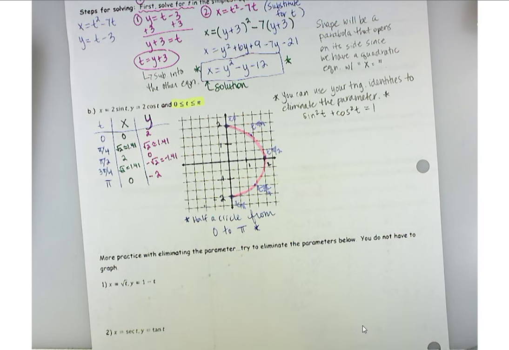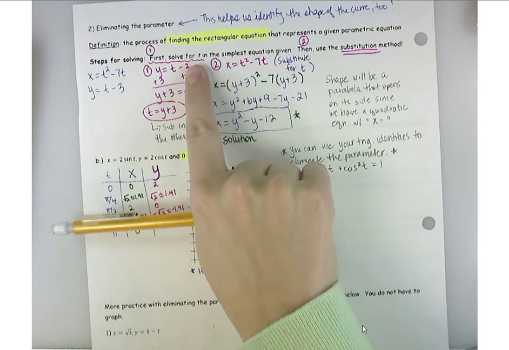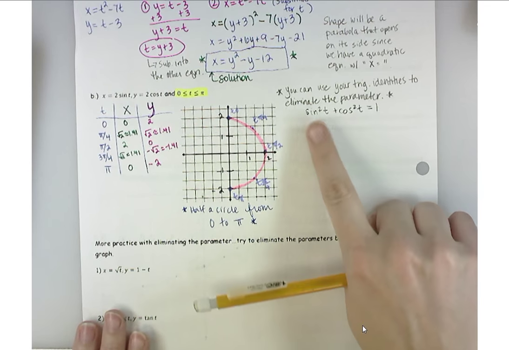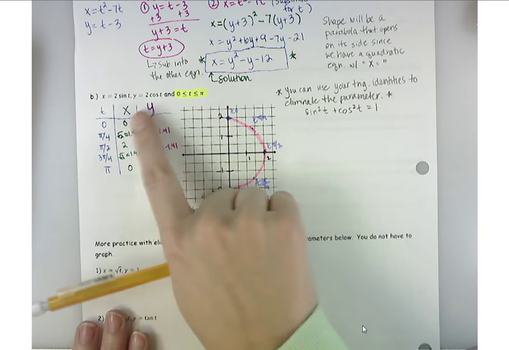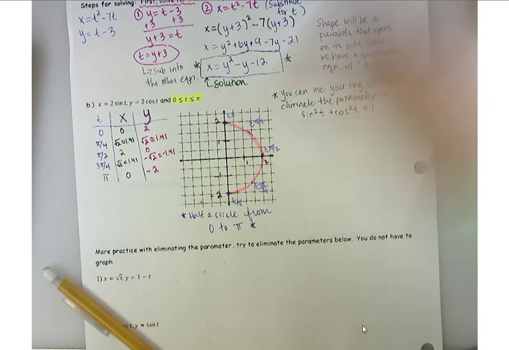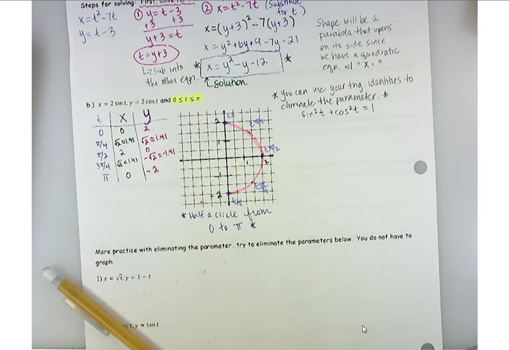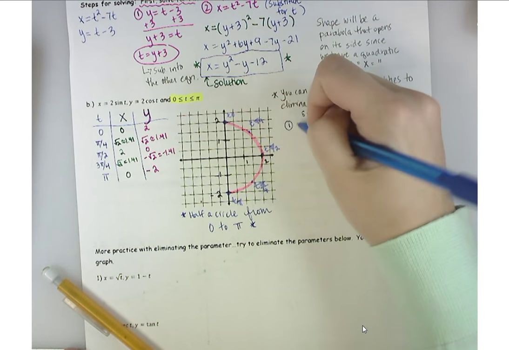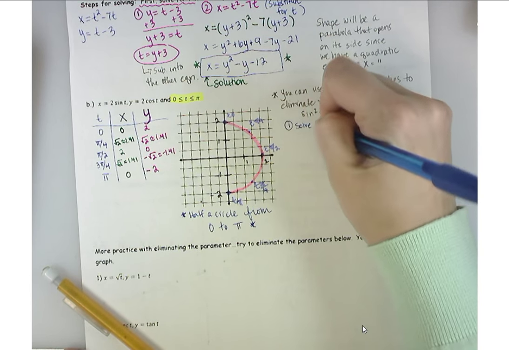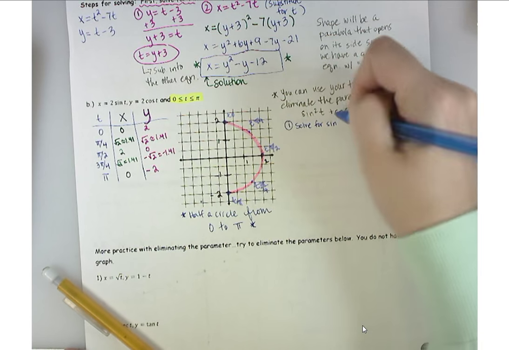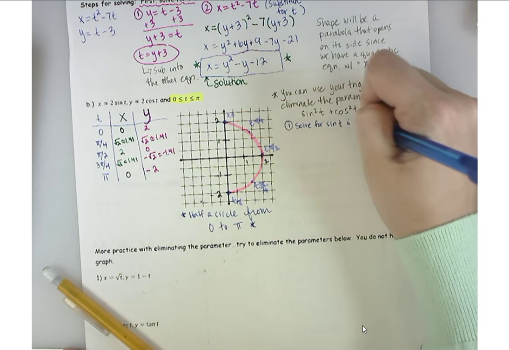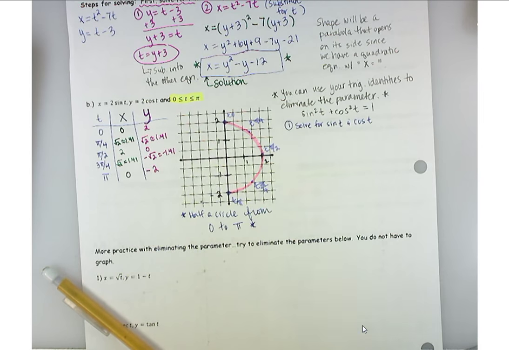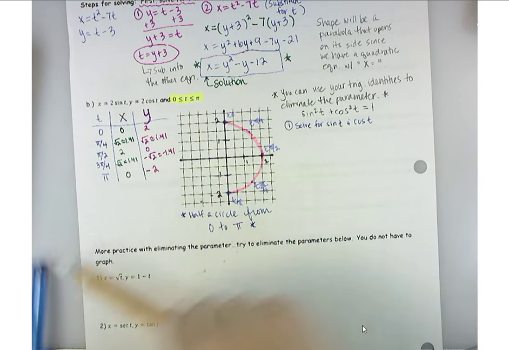So similar to the first step where we were solving for t, we're not going to solve for t. What we're going to solve for is the sine of t and the cosine of t. So we just have to modify that a bit. Your first step is to solve for sine of t and the cosine of t.